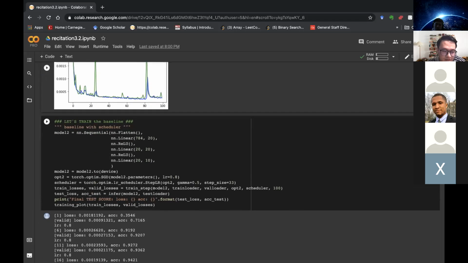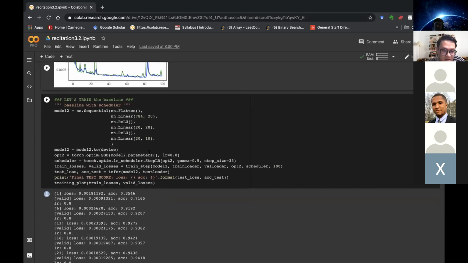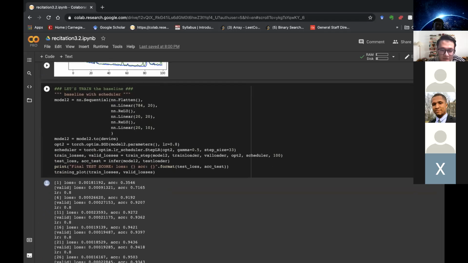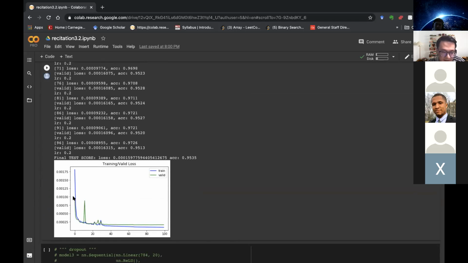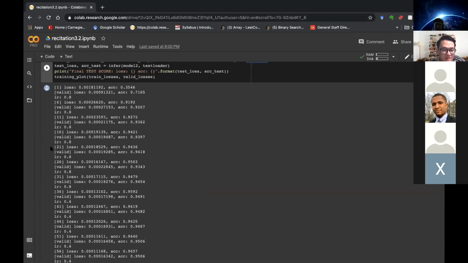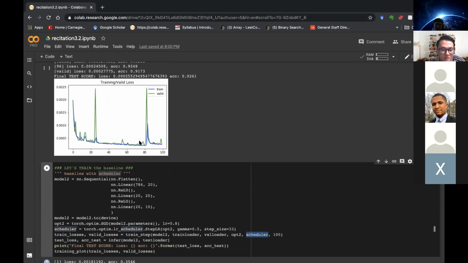So let's add a scheduler in this training part. We add a scheduler, and then we train that. You can see that the curves of the training loss and the validation loss become very, very stable, right?